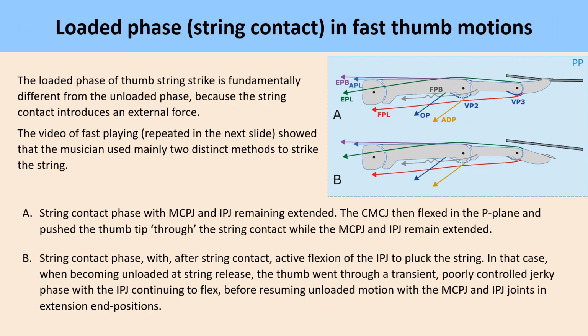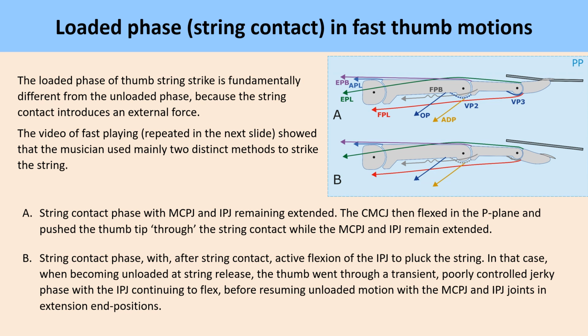Loaded phase in fast thumb motions. The loaded phase in thumb string strike is fundamentally different from the unloaded phase because the string contact introduces an external force. The video of fast playing, repeated in the next slide, showed that the musician used mainly two distinct methods to strike the string.